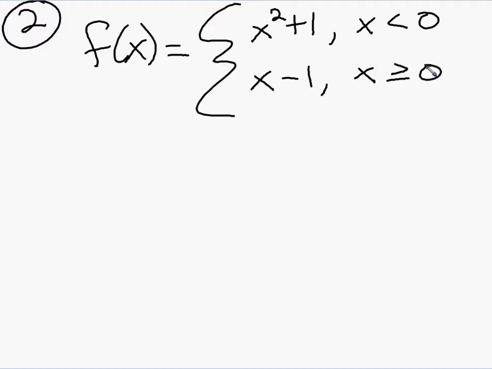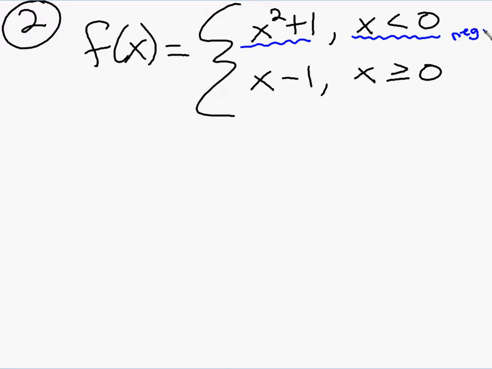It's called a piecewise function because it's defined in two pieces. Now let's kind of talk our way through how it's defined. It says that this function is x squared plus 1 when x is less than 0, which I've kind of taught you to say when x is negative.